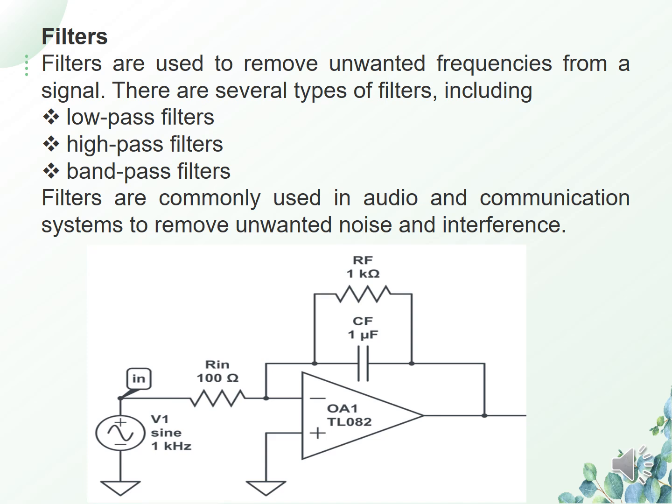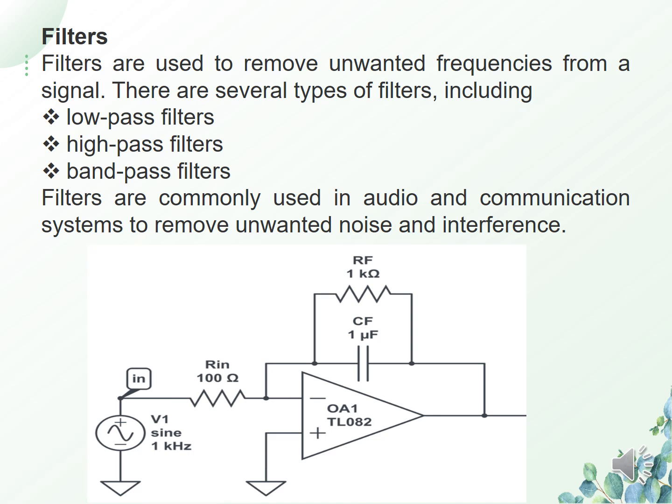And the next application of analog electronic circuit is in filters. Filters are used to remove unwanted frequencies in a signal. There are several types of filters including low pass filter, high pass filter, and band pass filters. Low pass filters are the filters which are used to remove high frequencies, and they pass only the low frequencies.